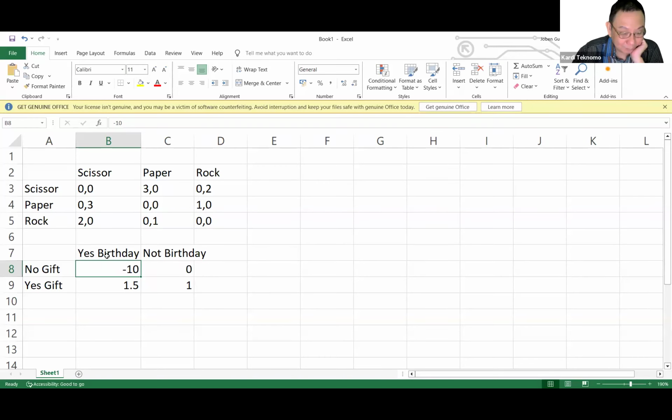If you're celebrating the birthday and you gave flowers as a gift, we will get 1.5. For the other case, if it's not your birthday and no gift, there's zero, nothing we will gain or lose. Then if it's not a birthday and you provided a gift, you will get plus 1.